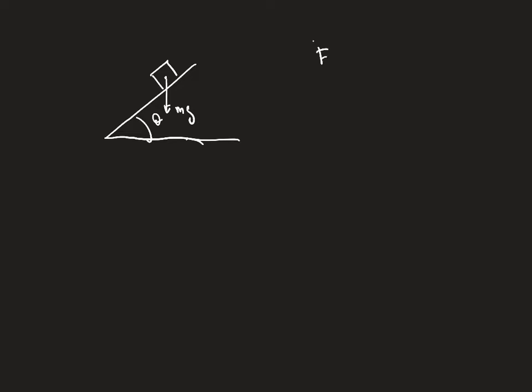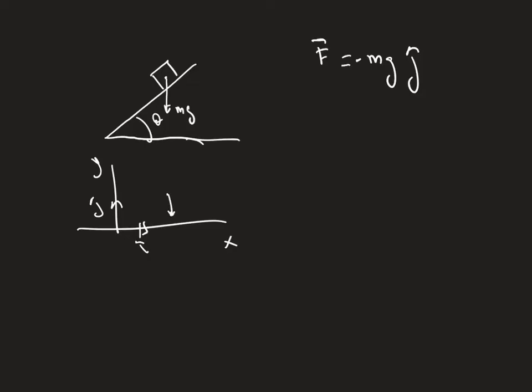If you take this x, y, I, and j, the force is going down with magnitude mg in the j direction with a minus sign, because it's going down. In any point it's going down.